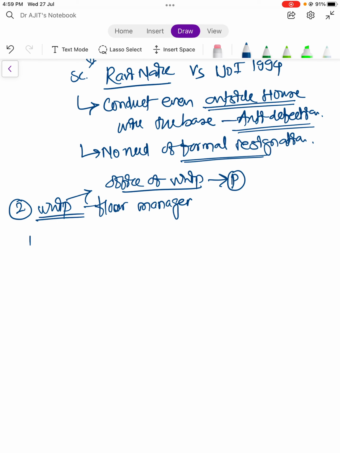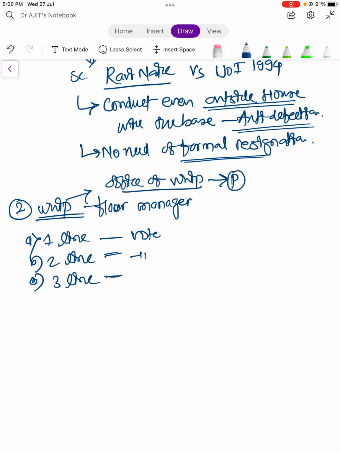There are three types of whips. First is one line, second is two line, and third is three line whip. In one line they will just say there will be voting tomorrow. In second they will say there is voting, you have to be present. In third they will say there is voting tomorrow, you have to be present and you have to vote, maybe against the bill or with the bill, right?